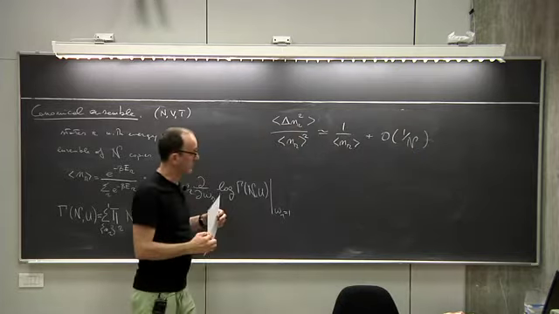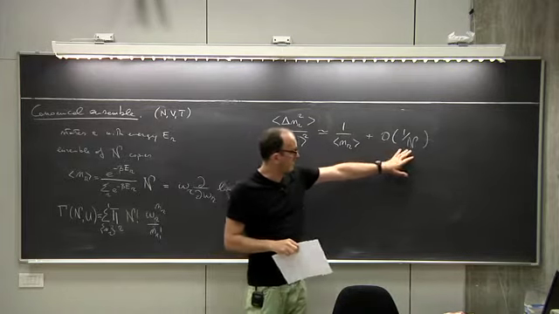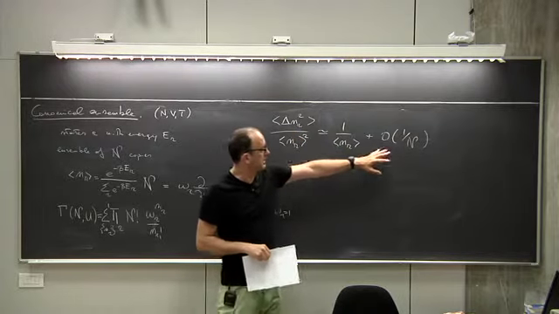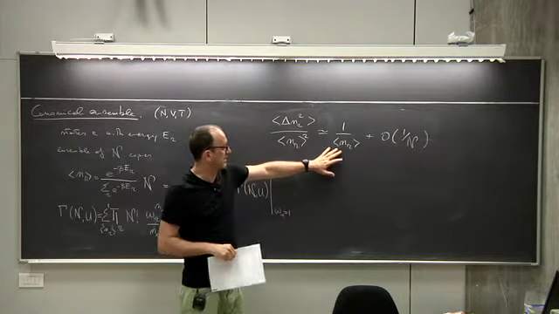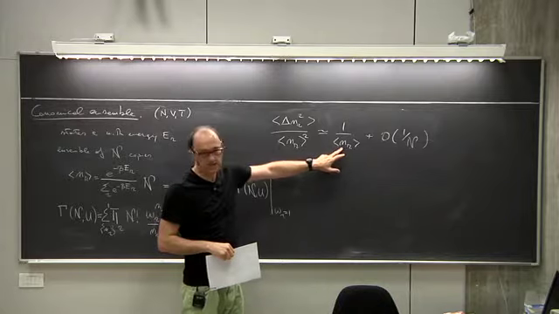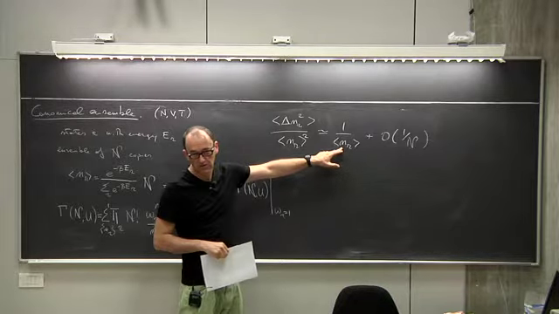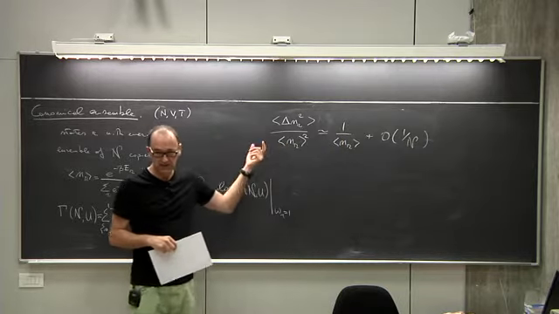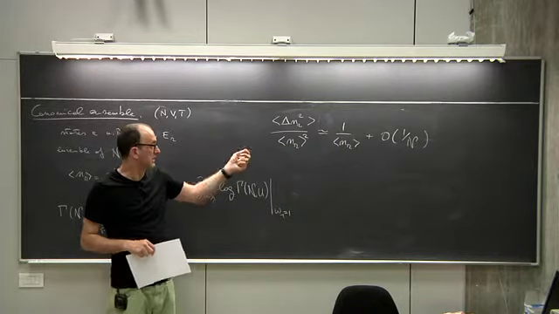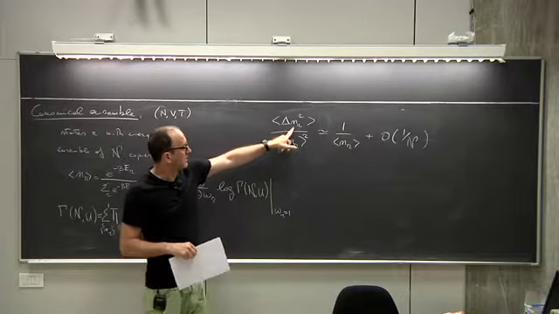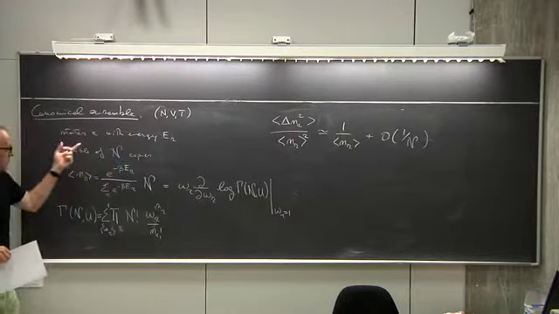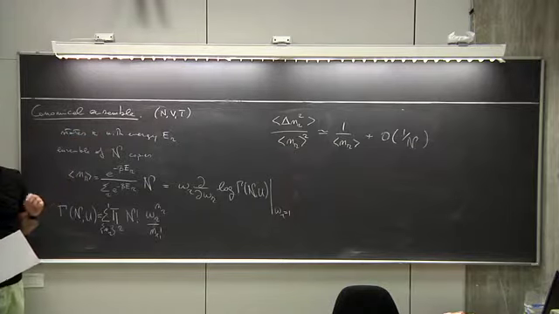So when the number of copies in your ensemble goes to infinity, both these terms go to 0, which tells you that the fluctuations in the occupation number over the energy levels will be very, very small.